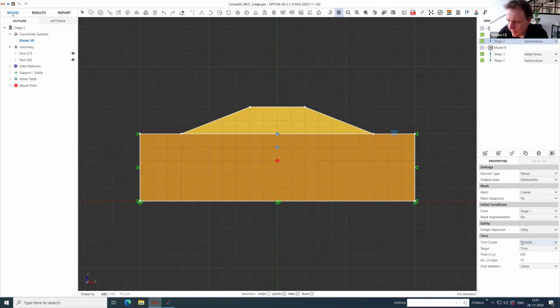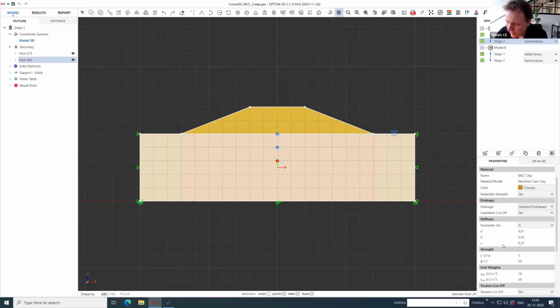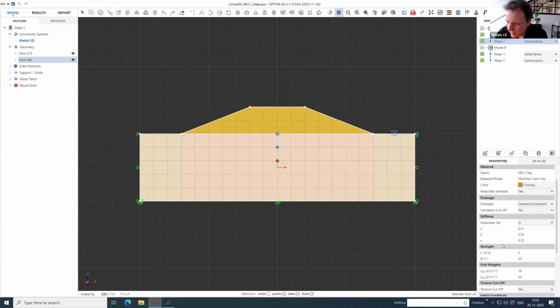So there's nothing really special about it other than the setting here needs to be set correctly. And then I think it's also reasonable to pay some attention, obviously, to the model you use and to the parameters. And I would suggest the modified Cam-clay model in most cases.